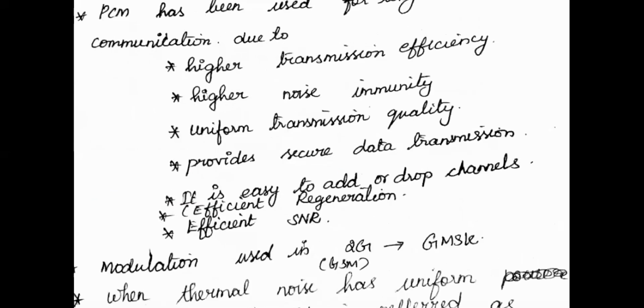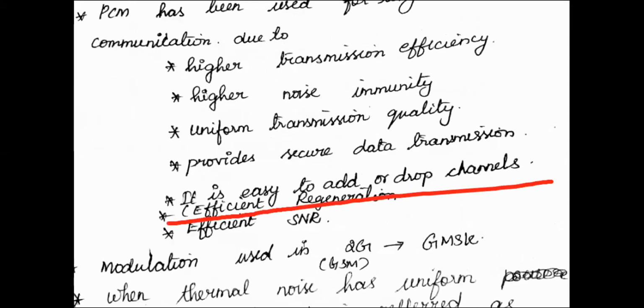Another one is that it is easy to add and drop a channel because it is in the digital domain. So the channel can be easily added or dropped, or assigned to another user. Then it has a high signal to noise ratio, because noise immunity is high.